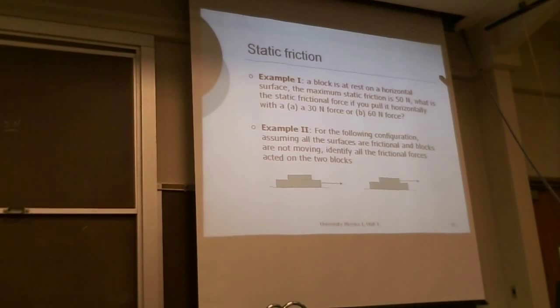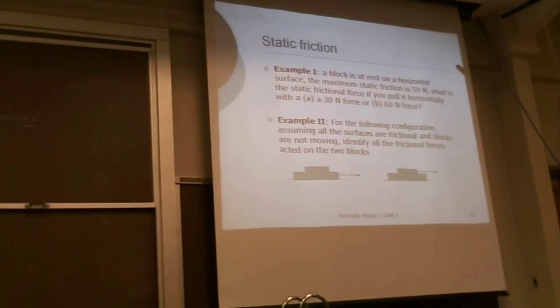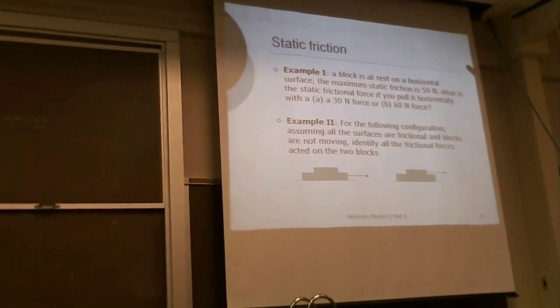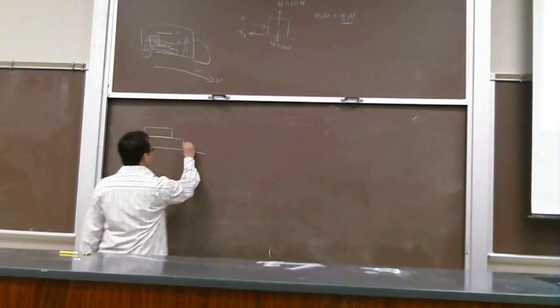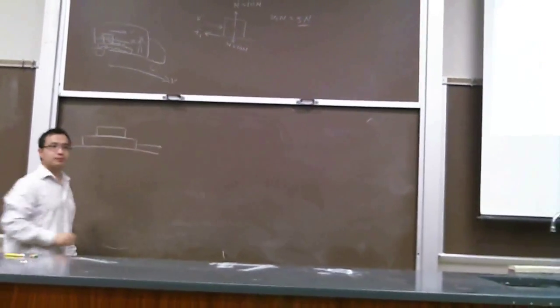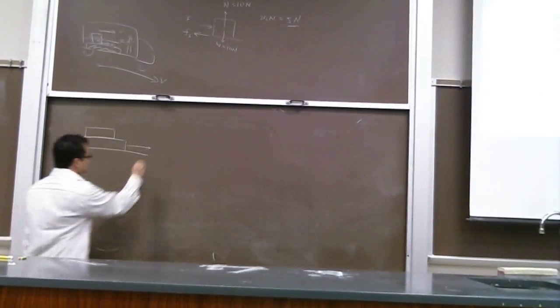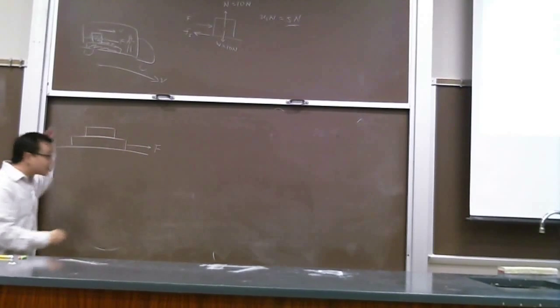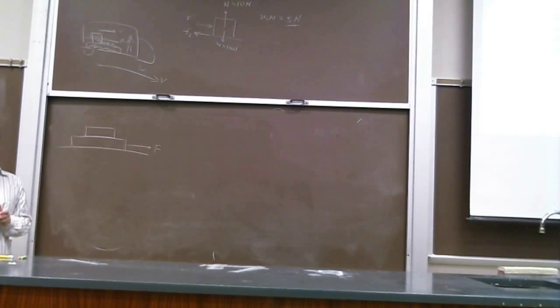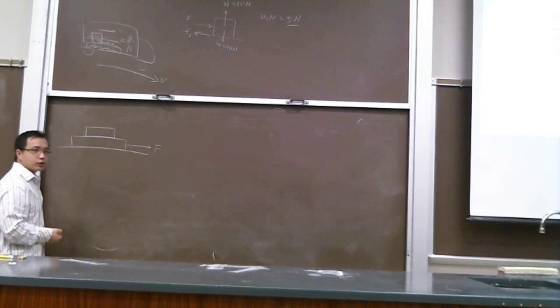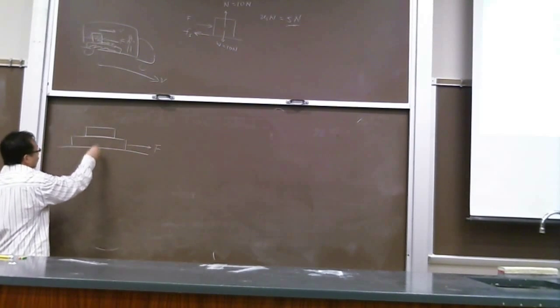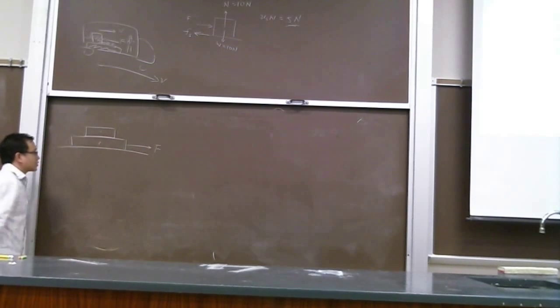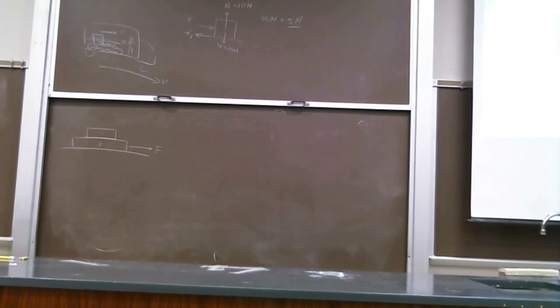All the surfaces are frictional, so this surface you may have some frictional force, and this surface you may have some frictional force. Now, if I'm pulling the bottom box with some external force, and it's not moving, okay? So let's identify how many frictional forces act on object 1, and how many frictional forces act on object 2.